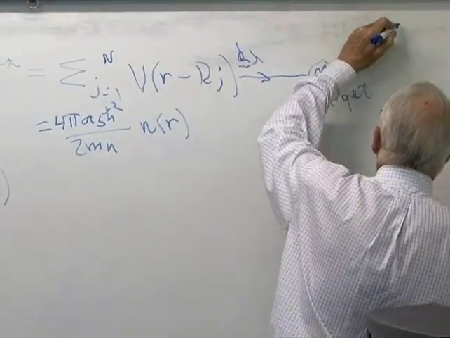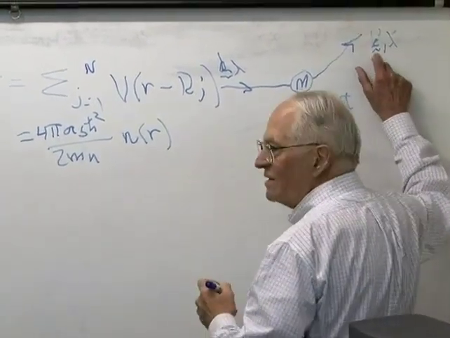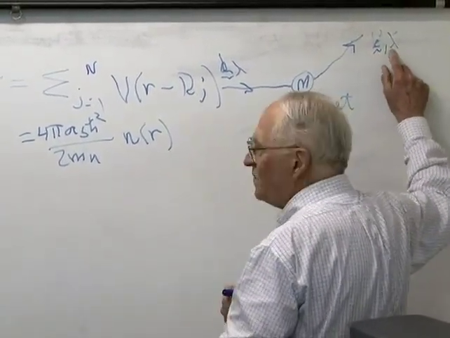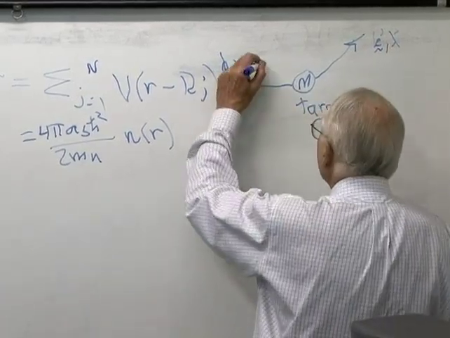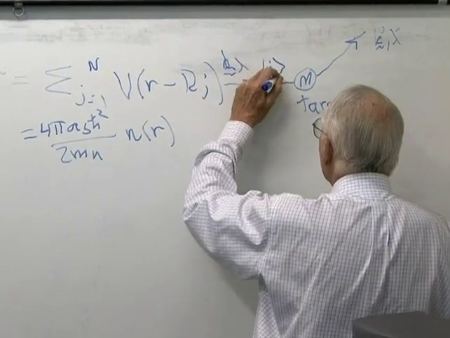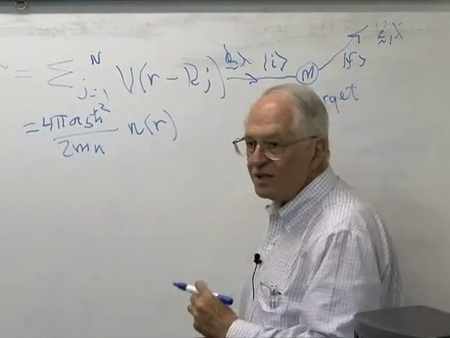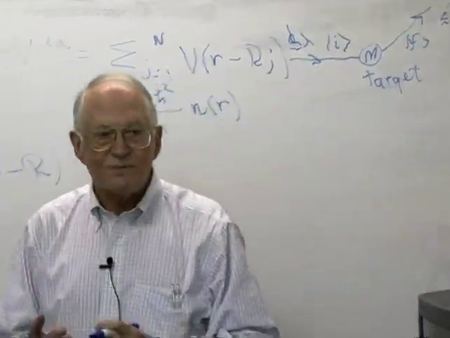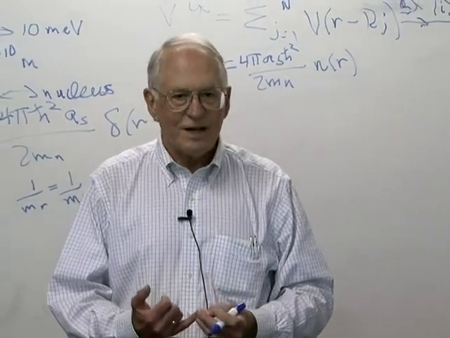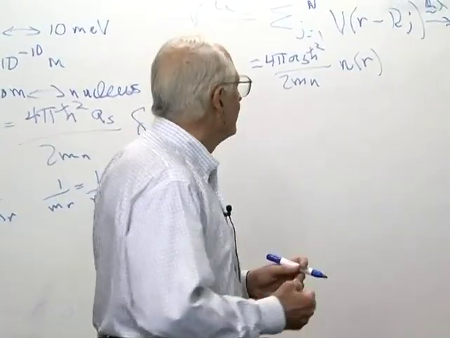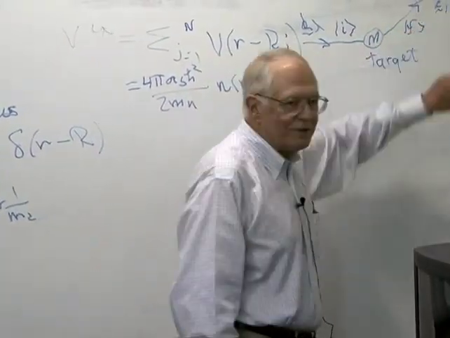We get a k prime lambda prime, where this is the final momentum, and lambda prime is the spin projection of the final neutron. And then the target goes from some initial state I to some final state F. So in this process, we have a transition from some initial state I of the target and neutron properties k lambda, and after the scattering, the target is in a final state F, and we have k prime lambda prime.